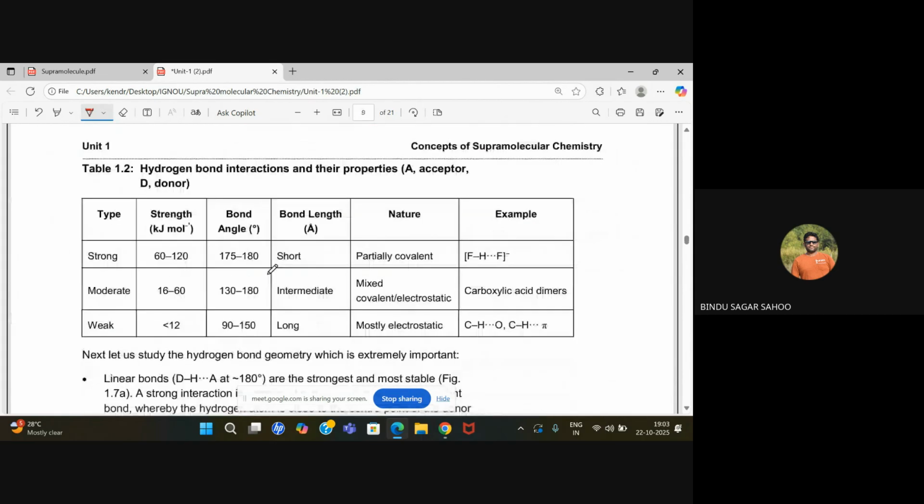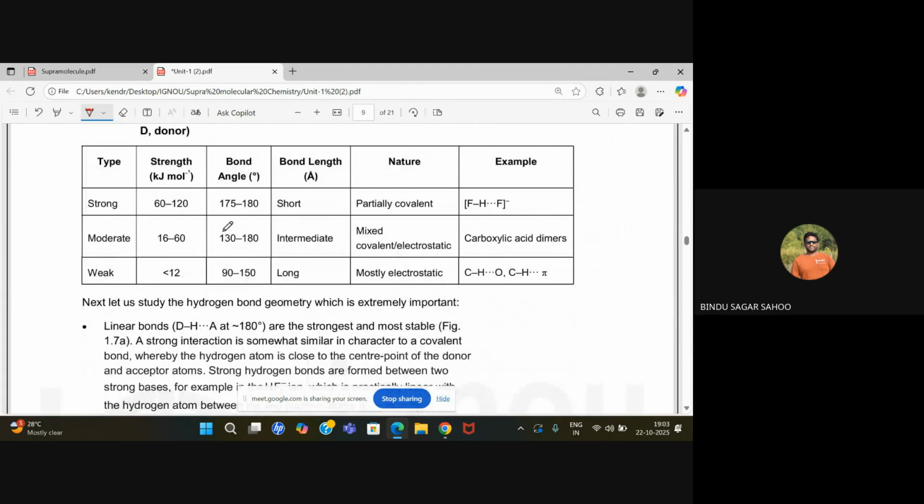According to their strength, we can divide hydrogen bonds into three types: strong, moderate, or weak hydrogen bonding. Particularly, a strong type of hydrogen bond forms in the presence of a more electronegative atom like fluorine, which is partially covalent in nature. You can see F-H and another fluorine atom.